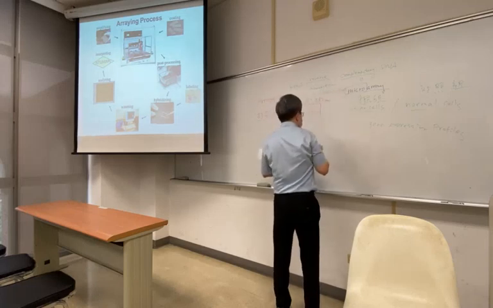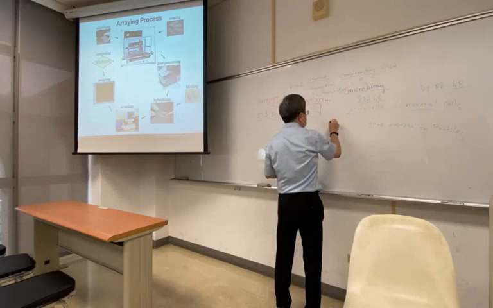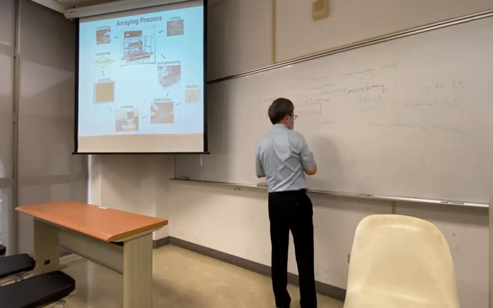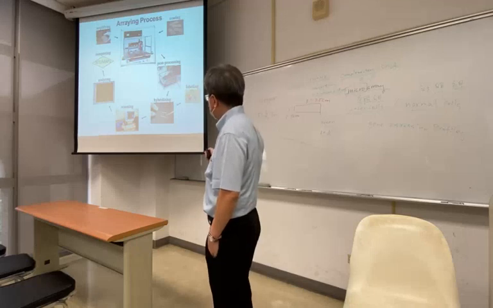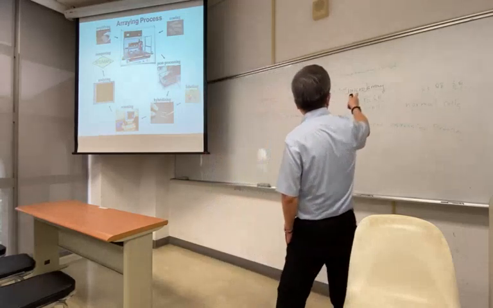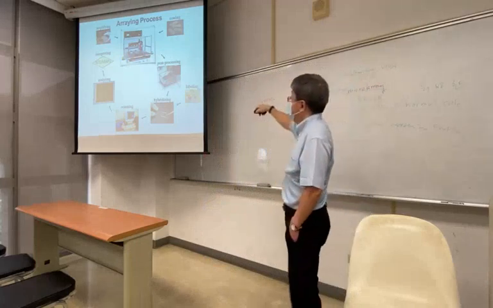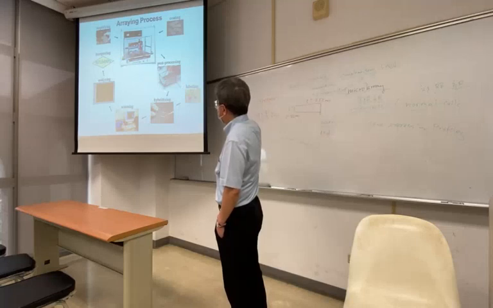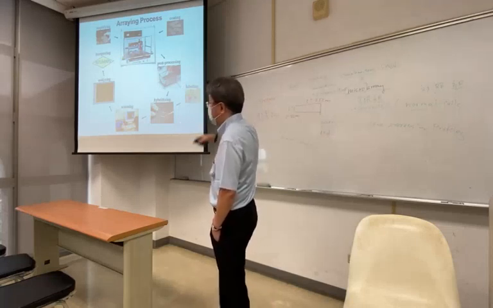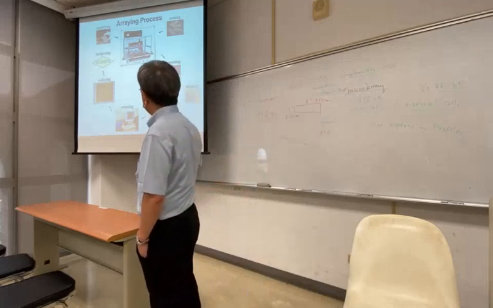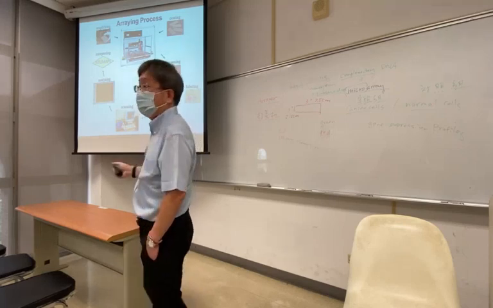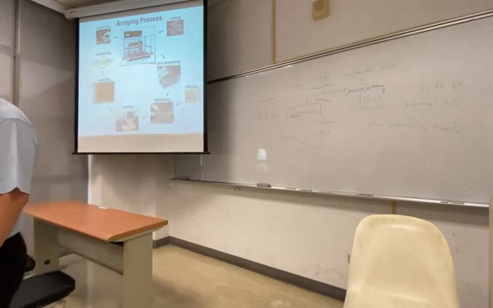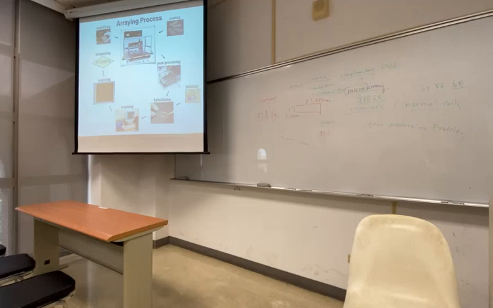We use green and red. So that's why you see this two color fluorescence here. Once you have finished this, then you take this array to do the hybridization. Usually it's overnight. We set it up in the afternoon, and then next morning you come in and wash off.